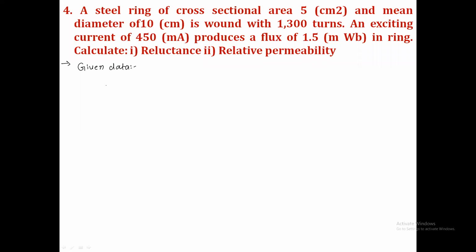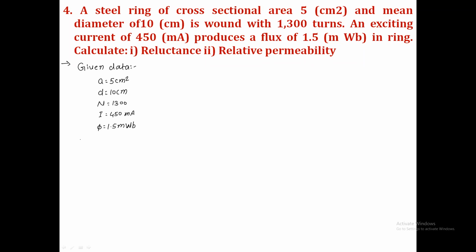A steel ring of cross-sectional area A of 5 centimeters square and mean diameter D of 10 centimeters is wound with N equal to 1300 turns, and exciting current I is 450 milliamperes. It produces a flux phi equal to 1.5 milliweber.